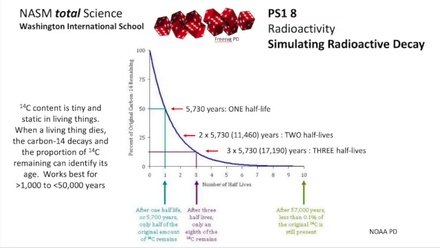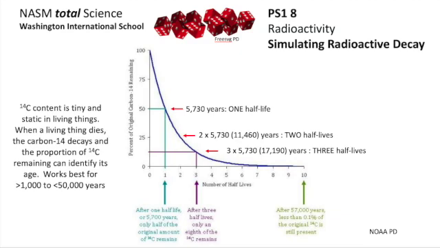Maintains that carbon-14 percentage, but when it dies, the carbon decays and the proportion of carbon-14 reduces, and that reduction allows us to identify its age, because the half-life is the same for each reduction in half the amount of carbon-14 that is present.